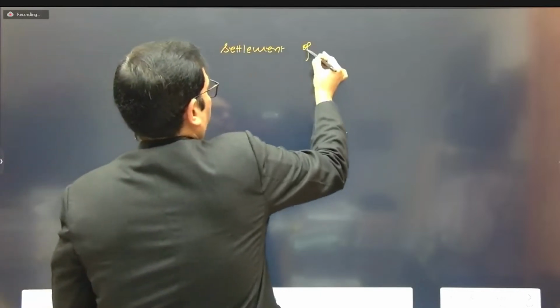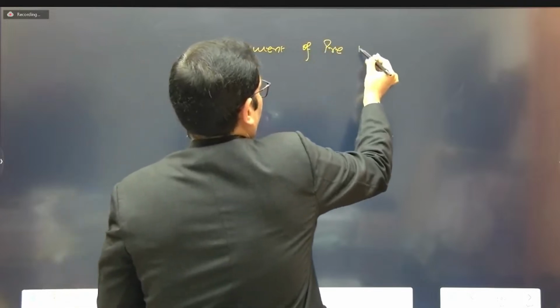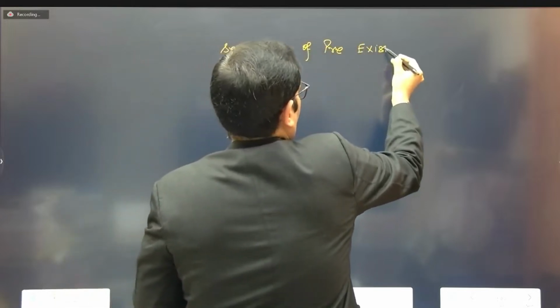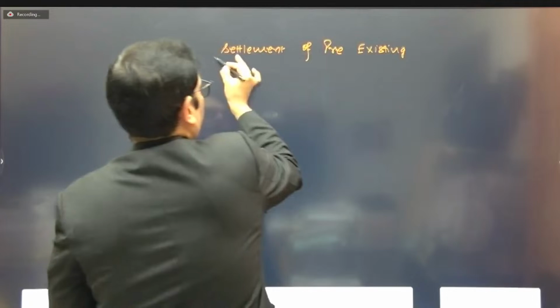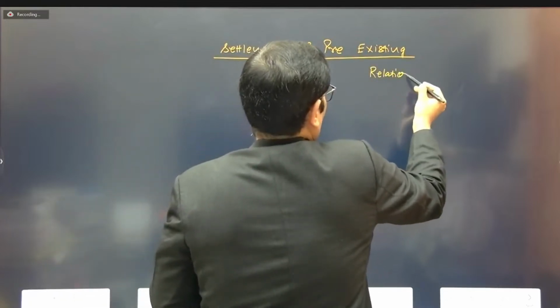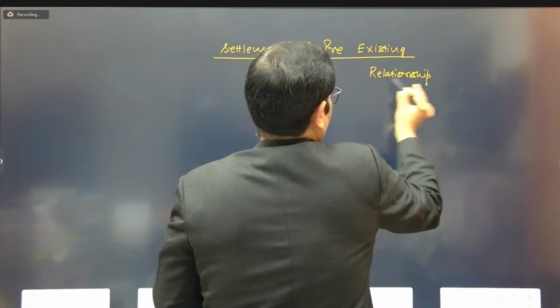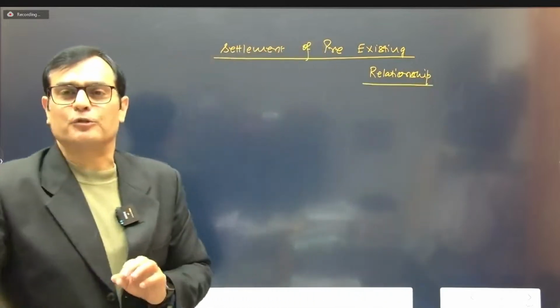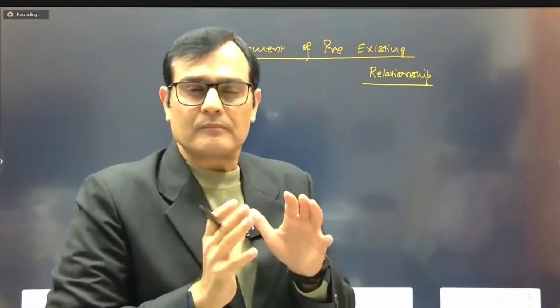So there is a settlement of a pre-existing relationship. Now let's see what the standard tells us as far as a pre-existing relationship is concerned.